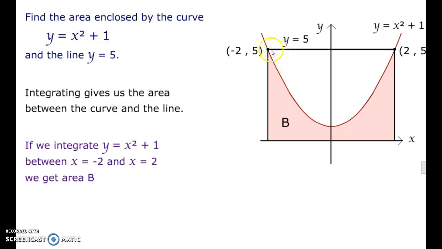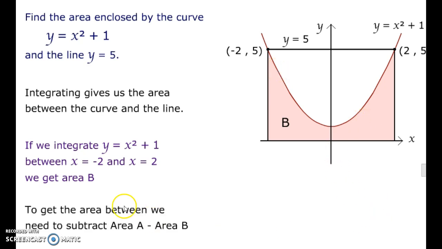Enclosed means the area bounded by two curves, one parabola and one line. The area under the line is bigger than the area under the parabola, so we'll take the upper as the line and the lower as the parabola. We subtract the area under the line minus the area under the parabola. We have limits, so to get the area, we will subtract area A and area B.